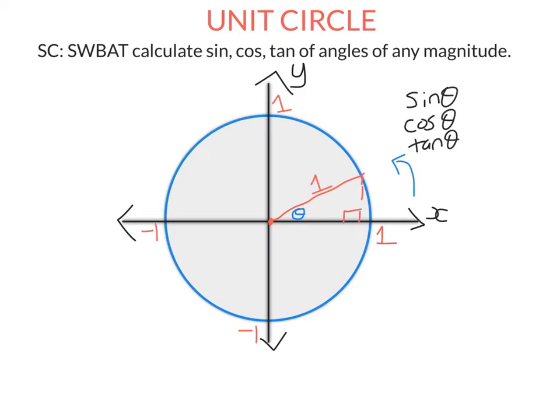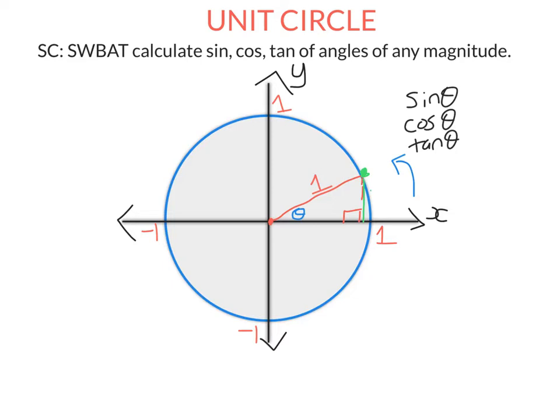So we'll start with sine theta. So sine of theta is opposite over hypotenuse. So the opposite, which is this side here, so this distance will be whatever the y-coordinate is of this point. So if this point had a y-coordinate of, say, 0.6, this distance would be 0.6.